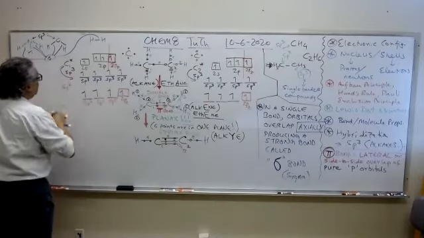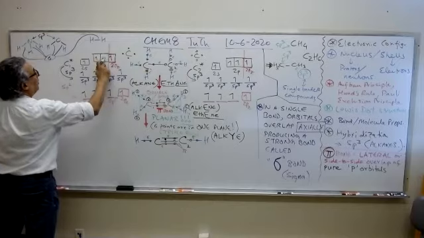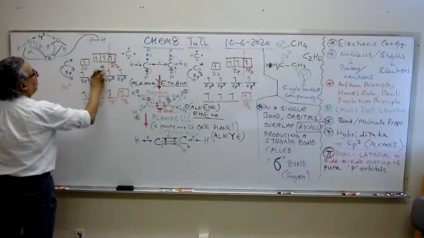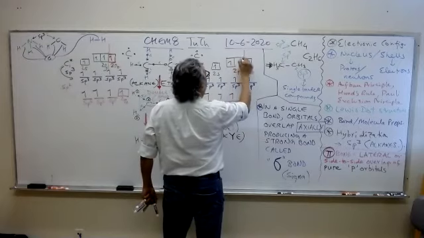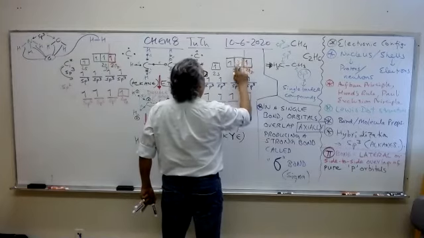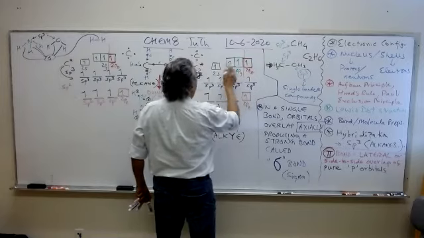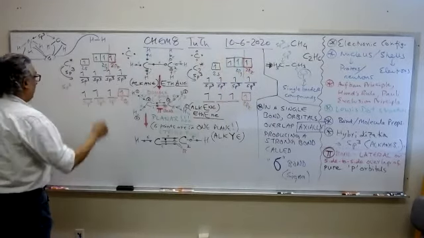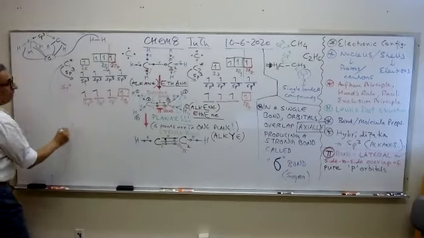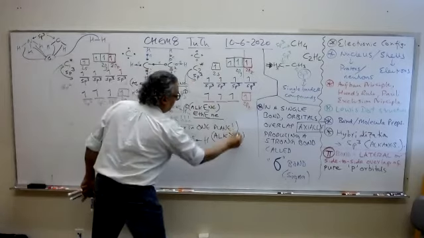Let's say this is your 2py orbital, and whatever this is, 2px. So right now, whatever hybridization you need to do here, oh my God, I just ate up all the space. I'm going to just go down here.